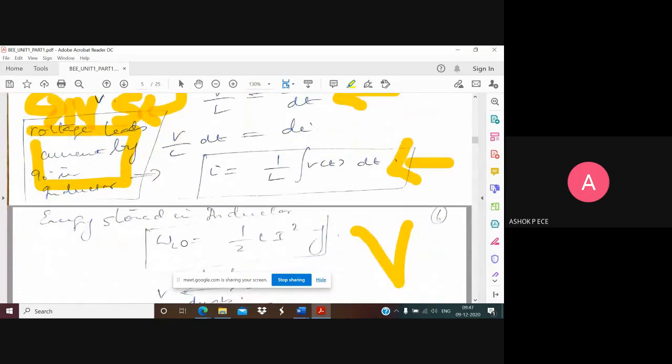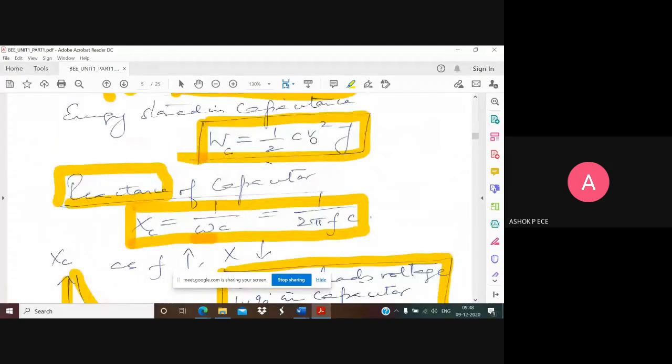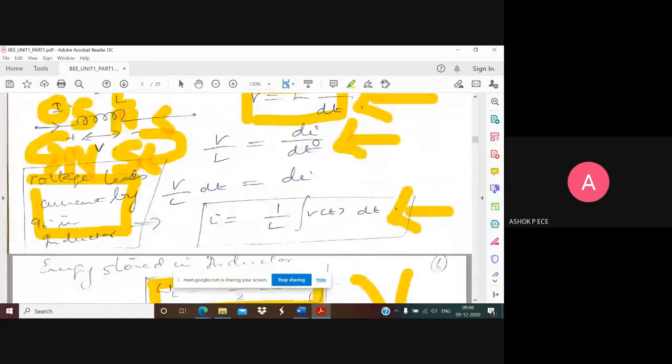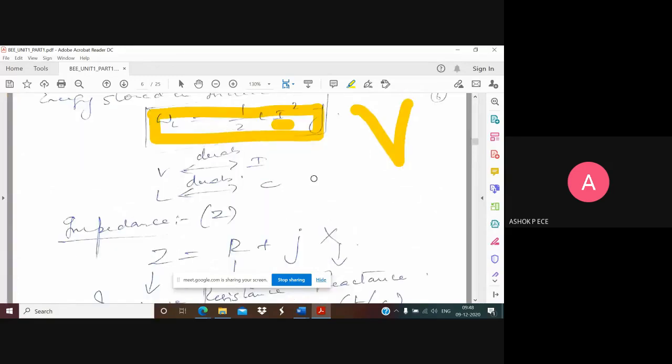And energy stored in an inductor is half Li squared. There it is half CV squared. In a capacitor, voltage is important because an electric field is set up. In an inductor, current is important because a magnetic field is set up. So in half Li squared, I can replace L by C. They are called duals.